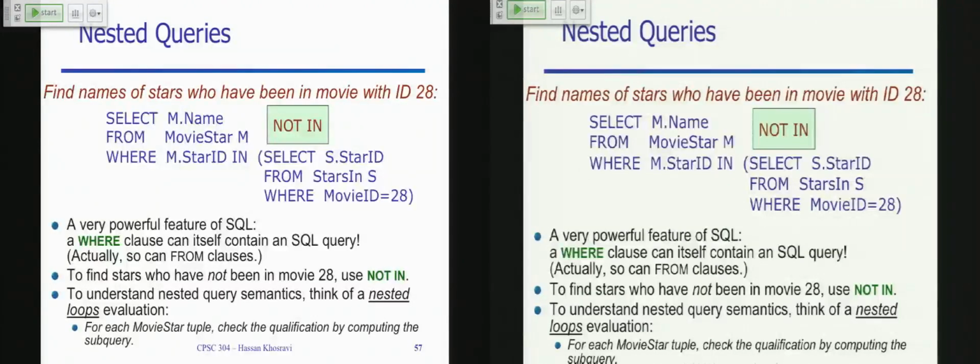My where clause here is itself another SQL query that has select from where. You can think of this as nested loops in programming, or as a function that this query is calling.